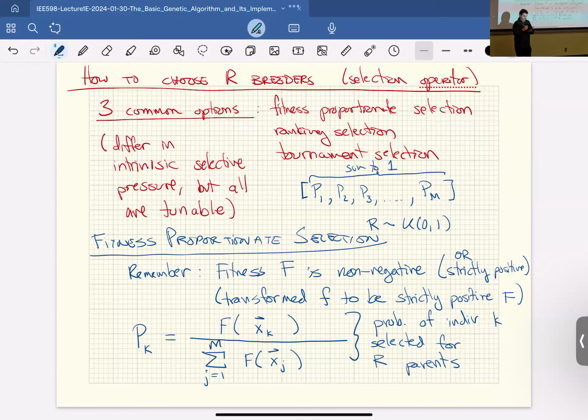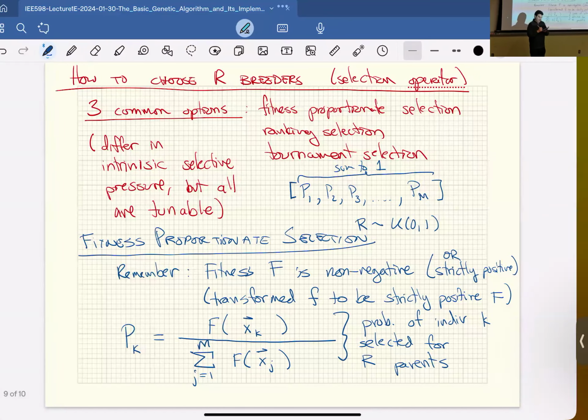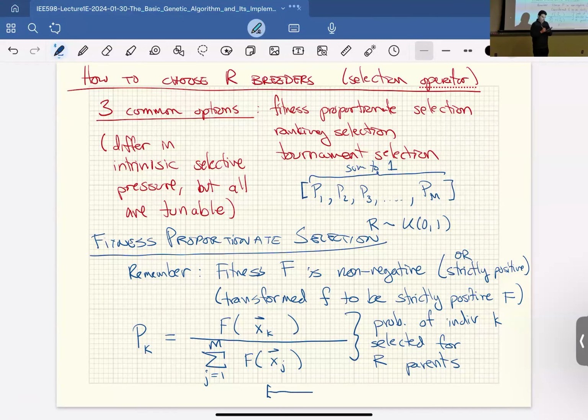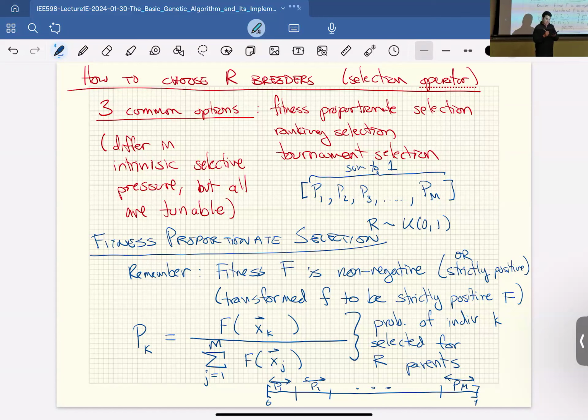Maybe I should have drawn these as areas: a number line from 0 to 1, where the width here is P1, the width here is P2, and so on, all the way up to PM, which again sums to 1.